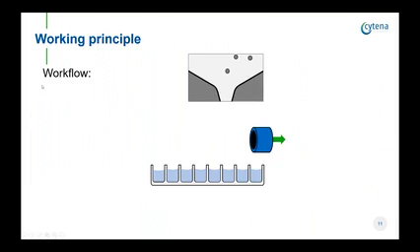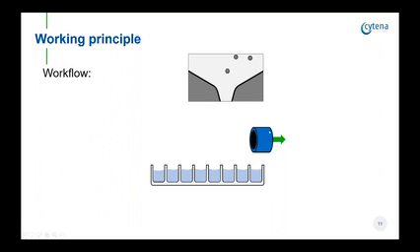And let me go a bit more into detail and explain how the principle works. So this slide shows a schematic of our nozzle of the dispenser. Here you see the nozzle with some cells inside.